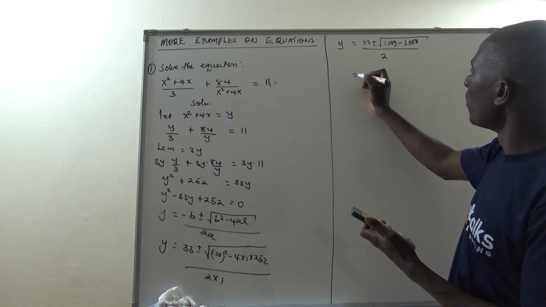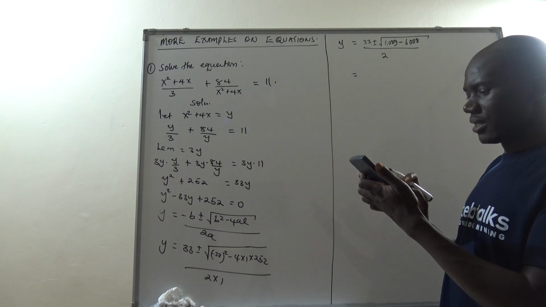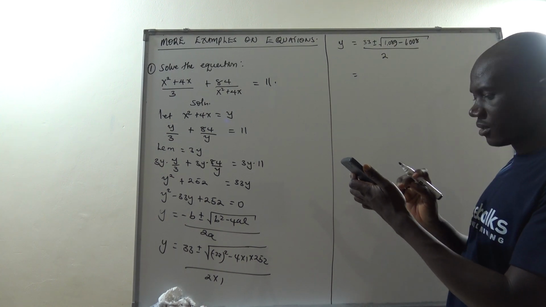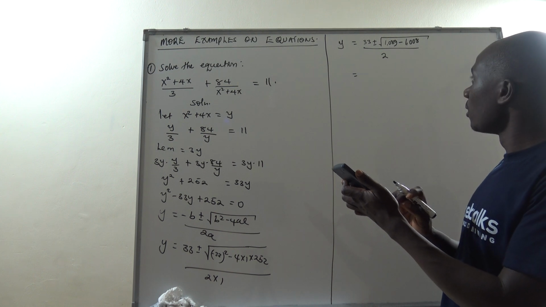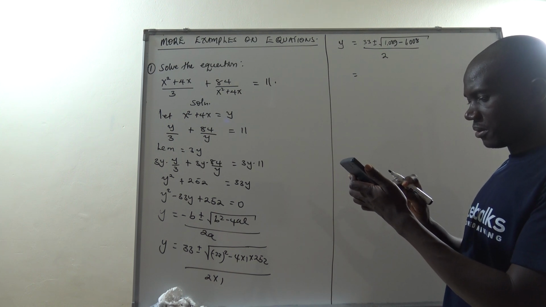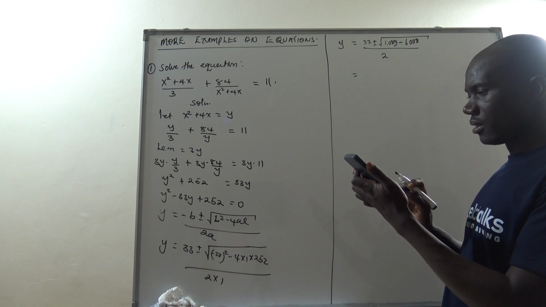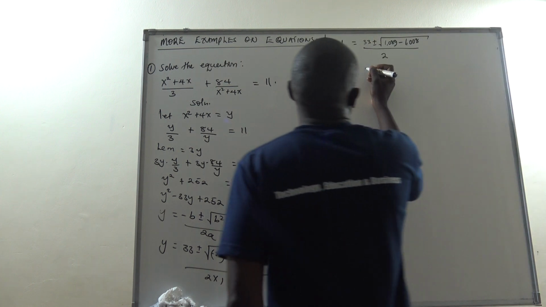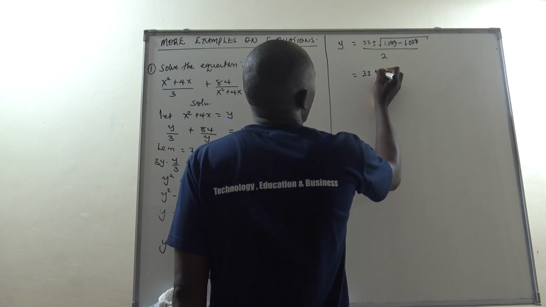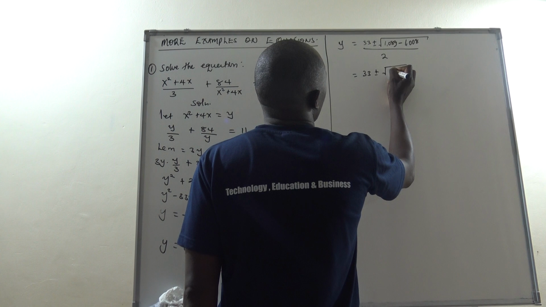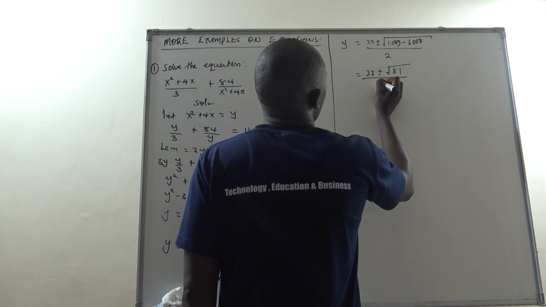So we are moving on. We subtract 1008 from 1089, and we are coming out with 33 plus or minus root of 81 all over 2.